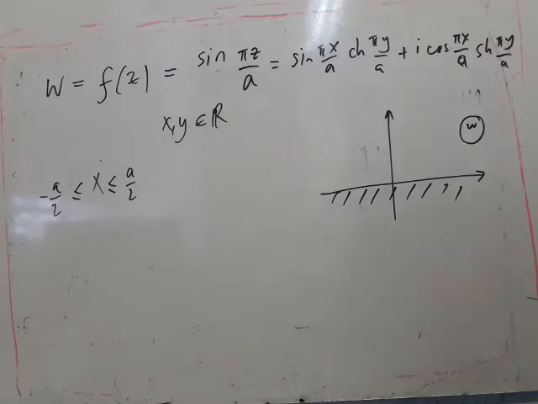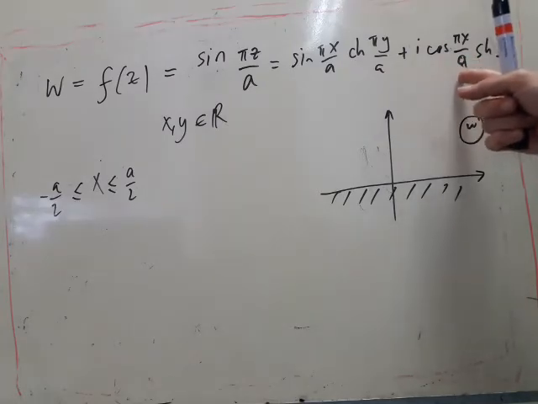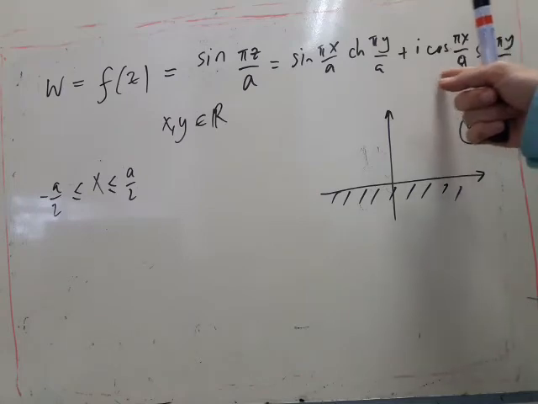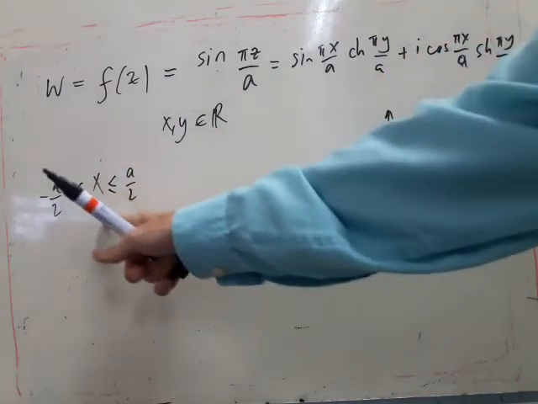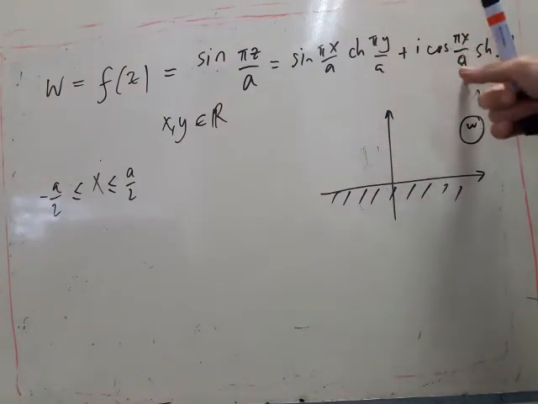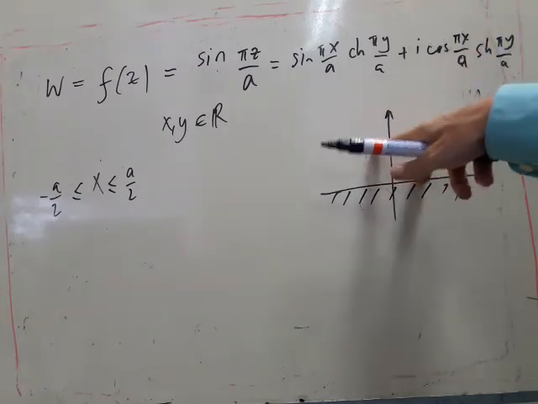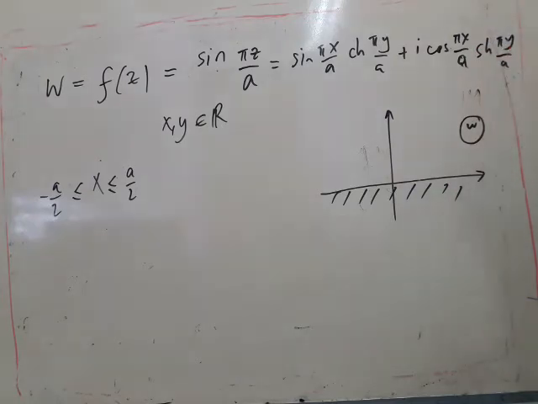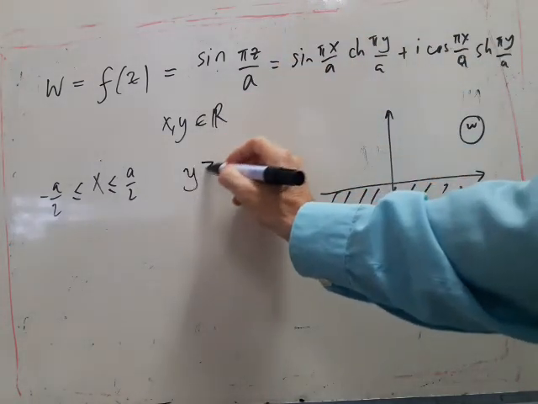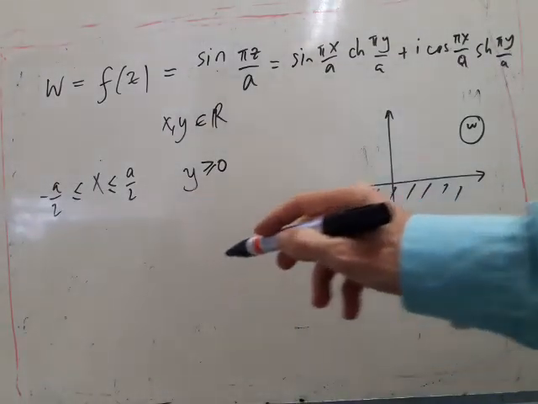Once we've done that, we look at what happens here. If we choose that, thinking about what cos does, in this region this is positive. For this range of x's this is positive, because the argument is between minus π/2 and plus π/2. So this is definitely positive, and we want just positive. That means that y has to be greater than 0. And that's enough to define the region in the z-plane.